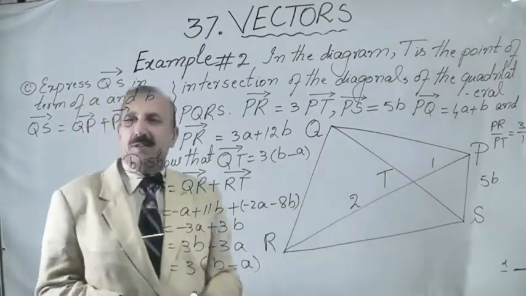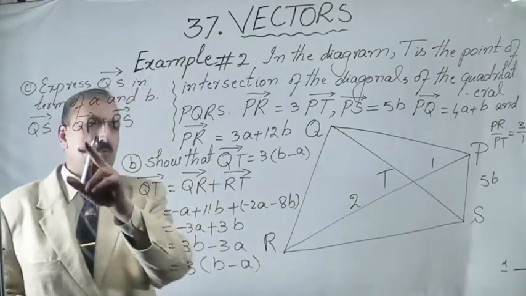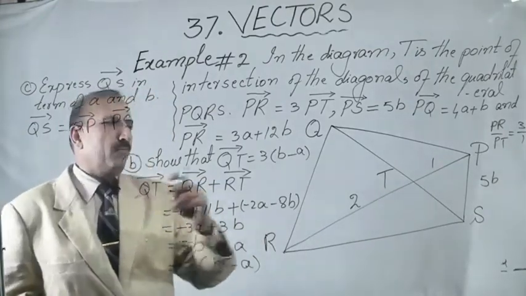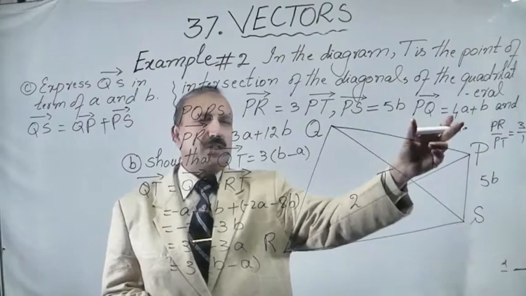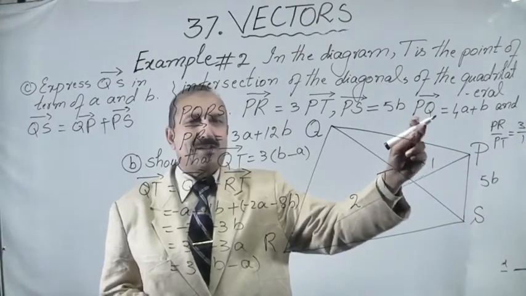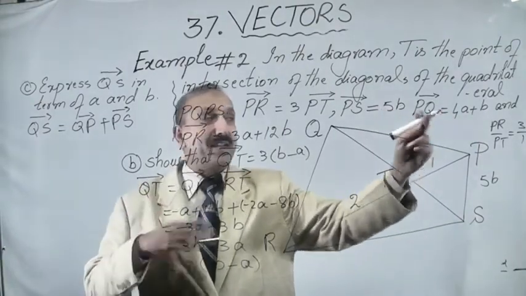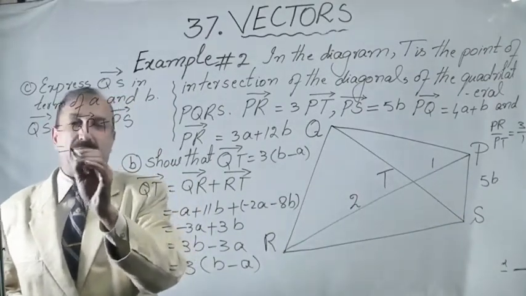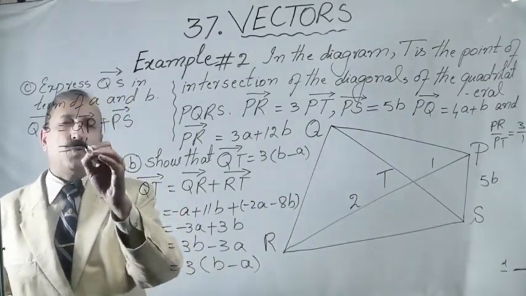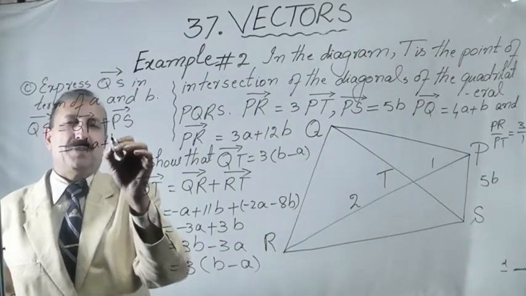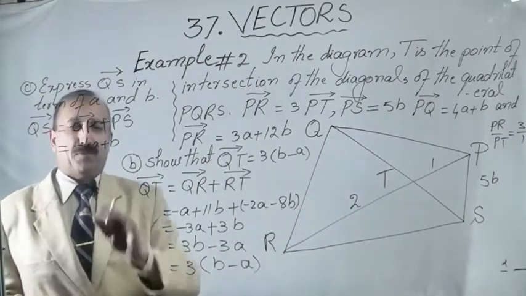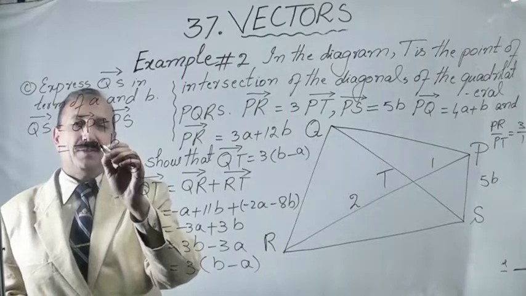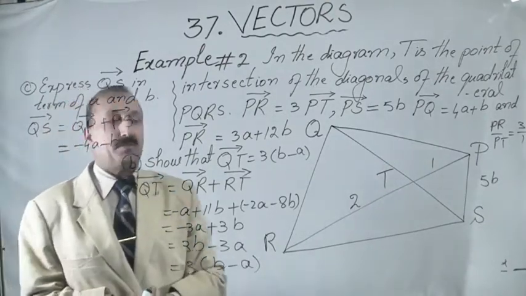Well, let's substitute the values of QP and PS. We have PQ given, and we want to use its opposite vector, the negative vector. So what will be the value of QP? That will be minus 4a plus b. Now that will also be negative, minus b. Yes, that is minus 4a plus b.